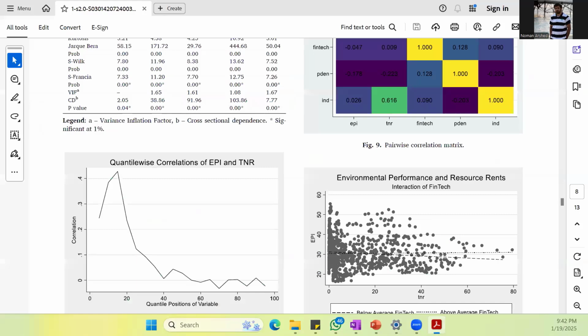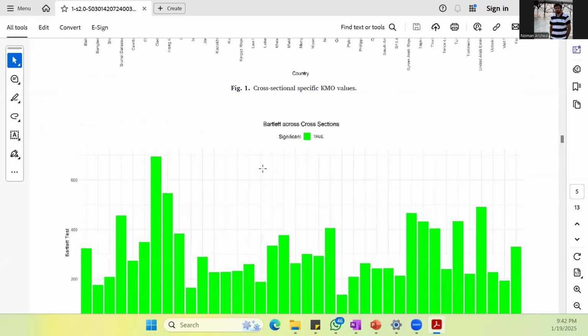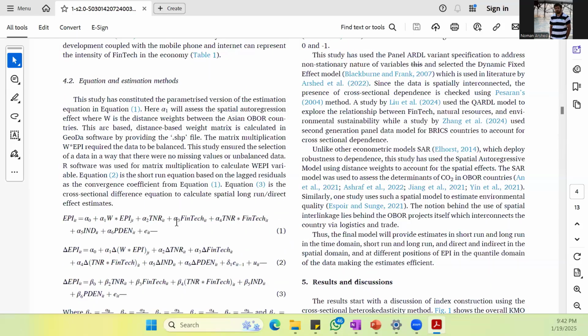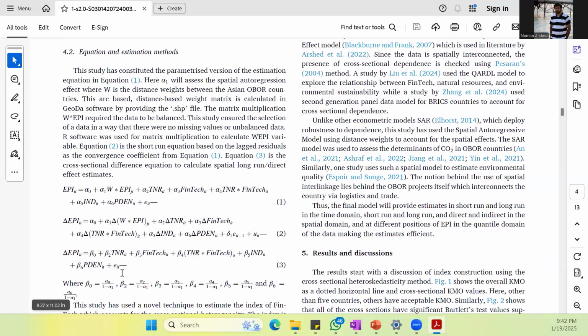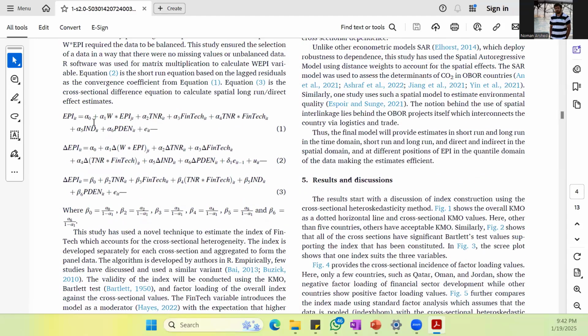So in this example, the paper I showed, I applied several gaps. This equation is the quantile regression method. This also has a new way of measuring an index. It also has a moderator. It also has a spatial econometric component. So why was this paper published? I have found four ways to find a gap.